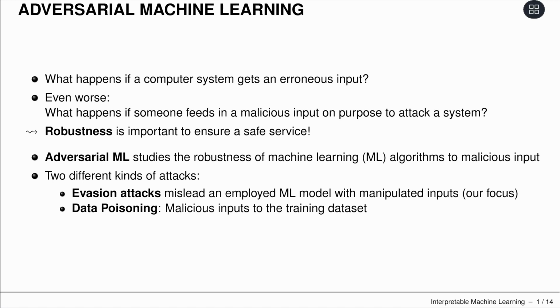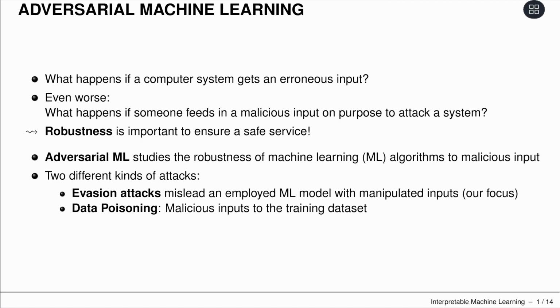So what is adversarial machine learning actually? Let's first consider what happens if a computer system, or machine learning system, gets an erroneous input, right? If something is wrong and not what we expect. Or even worse, what happens if someone feeds in a malicious input on purpose to attack a system?